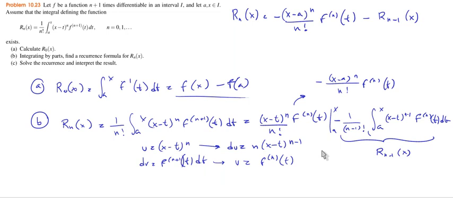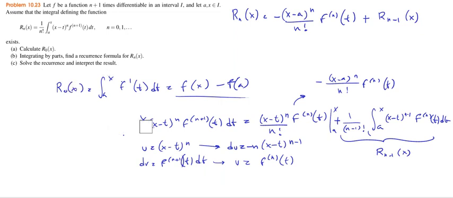Is it correct? Yeah, no, sorry, this is the derivative with respect to t, so we have to, this is minus, so there's a plus here. Okay, plus. Now having that, we have R0, solve the recurrence and interpret the result.